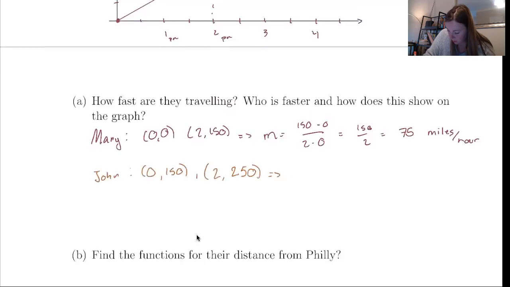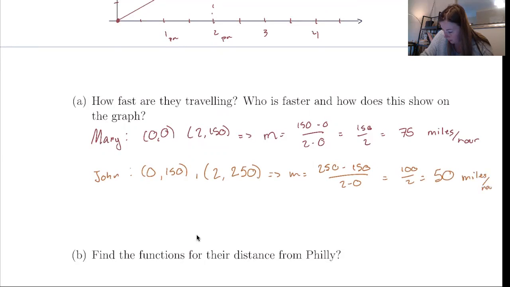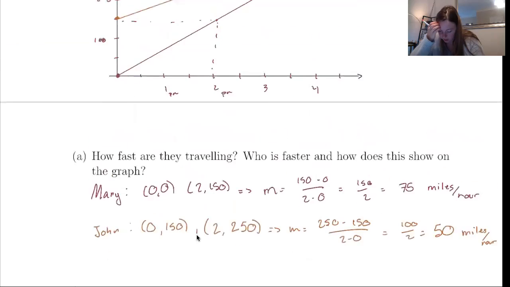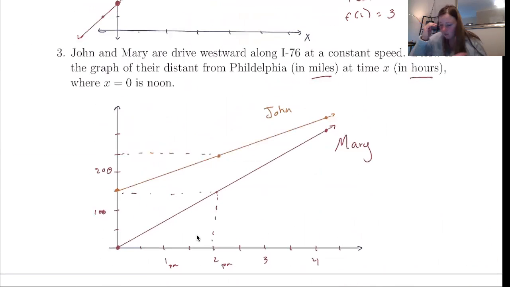So his slope is going to be 250 minus 150 over 2 minus 0. So 100 over 2, so 50 miles per hour. He's cruising. He's probably on the phone talking.